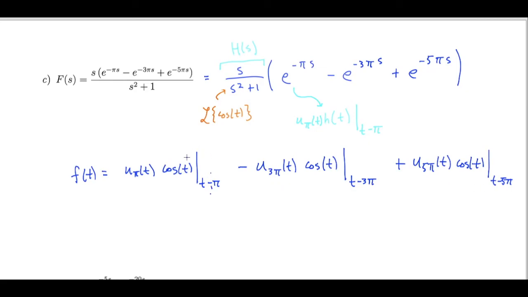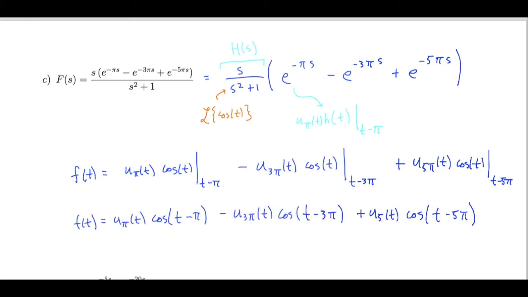Now I know how to evaluate cosine of t at t minus pi. I just use this notation to emphasize the structure that the inverse transform here will be cosine, but then I'll actually have to implement this shift. So in this case, I won't leave this as my final answer. I'll go ahead and write each of these cosine terms in terms of the appropriate shift.